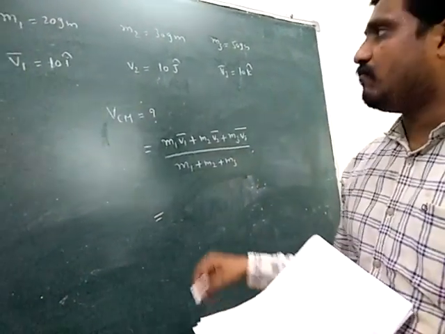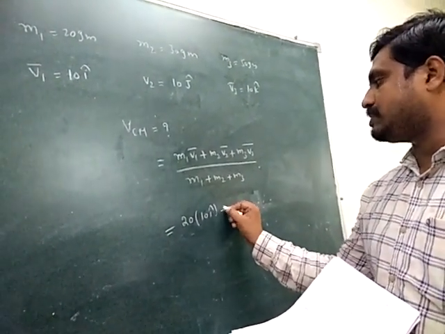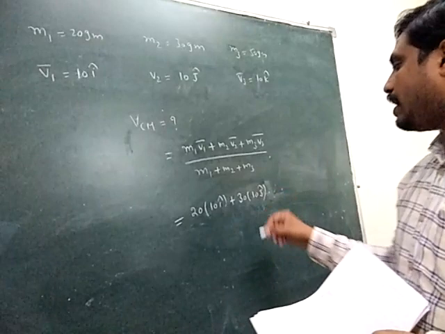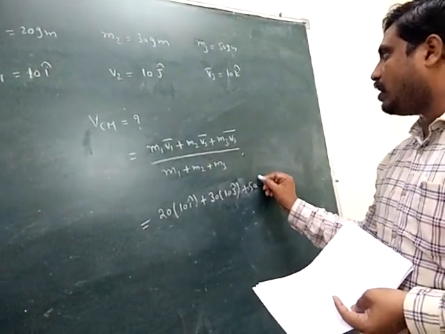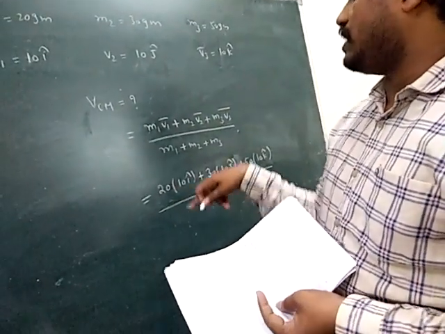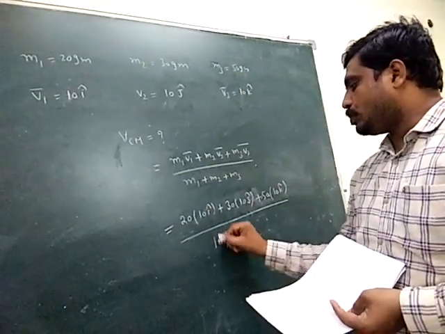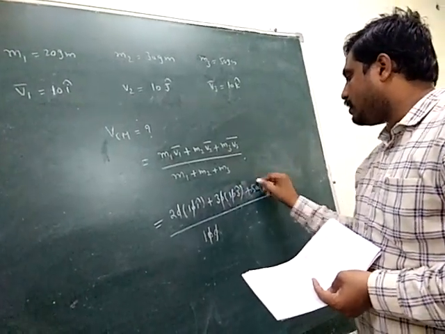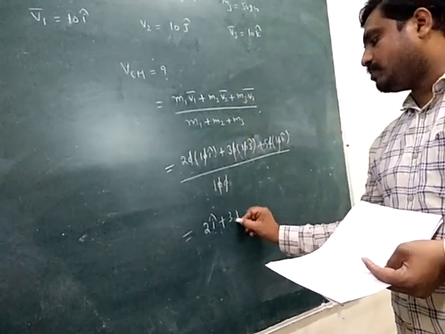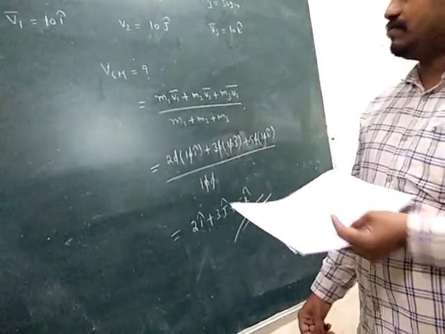Here m1 is 20 gram, v1 is 10 i cap, plus m2 is 30 gram, v2 is 10 j cap, m3 is 50 gram, v3 is 10 k cap. Total mass is 20 plus 30 plus 50, 100. The zeros all cancel. Finally we write 2 i cap plus 3 j cap plus 5 k cap. This is the final answer of the problem.